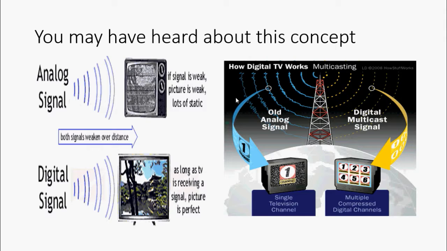You may have heard about this concept in digital TV broadcasting systems. With an analog signal, if it is weak, the picture on our TV set will be weak and have a lot of static. Versus digital, where as long as the TV set is receiving a signal, the picture stays perfect.